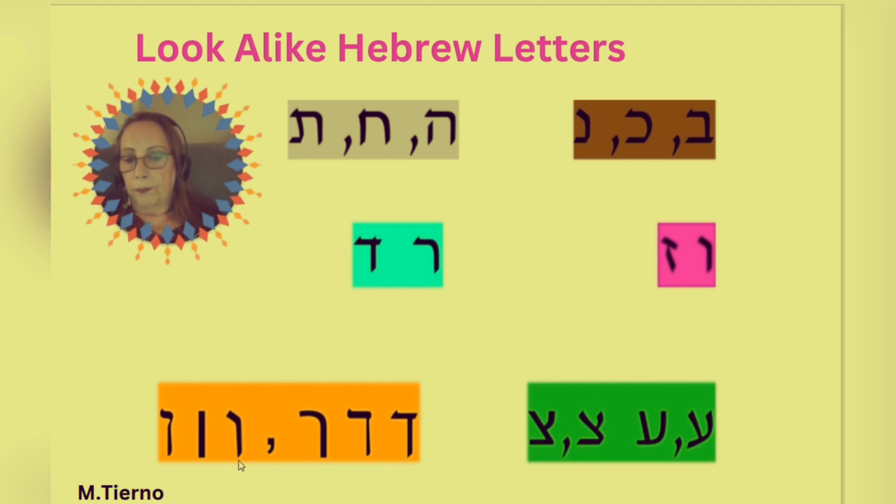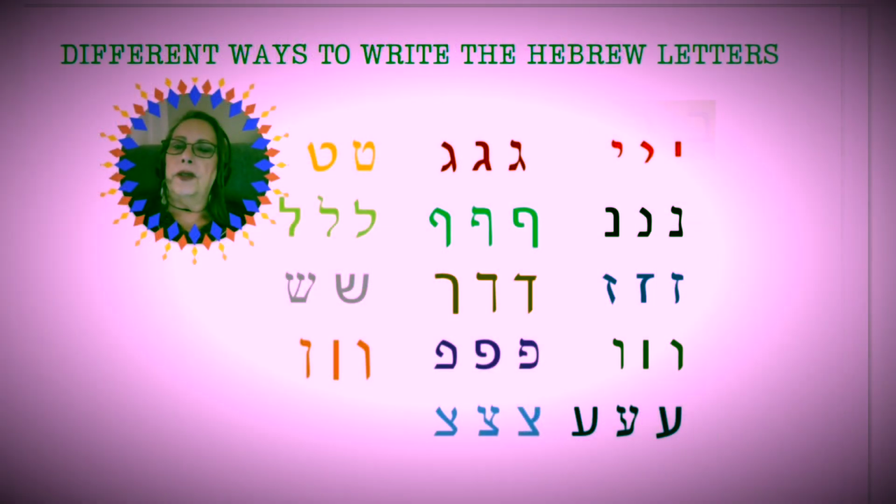So, longer, longer, and longer. This one may have a tiny bit of a curve. They're all noon, final noon, noon sofit. So these are different ways to write the Hebrew letters.